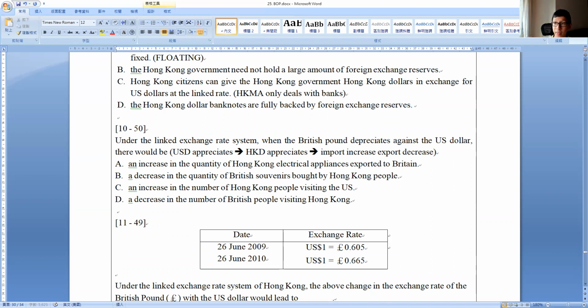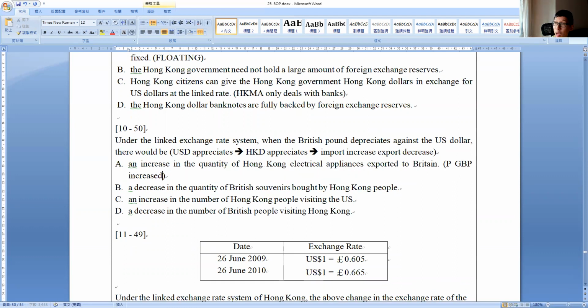Now, this is our usual case, right? An increase in the quantity of Hong Kong electrical appliances exported to Britain. No. Remember, the price in terms of British pound would have increased. Hong Kong goods become more expensive, so they buy less. A decrease in quantity bought by Hong Kong people. No. The price in terms of Hong Kong dollar would have decreased, so people would buy more things from Britain.